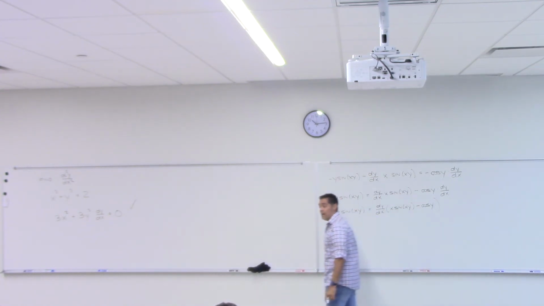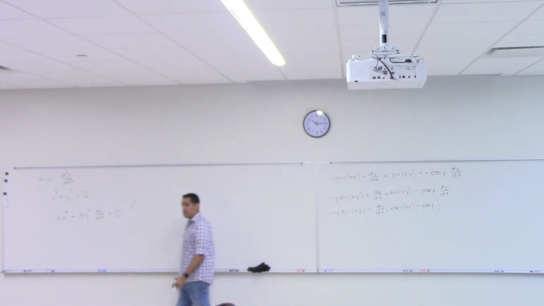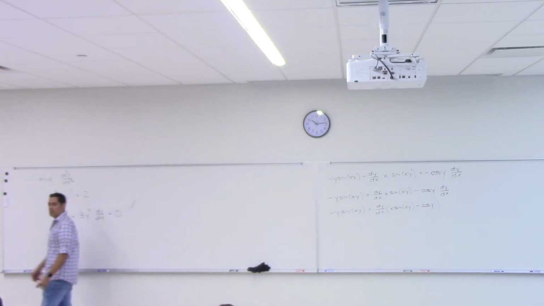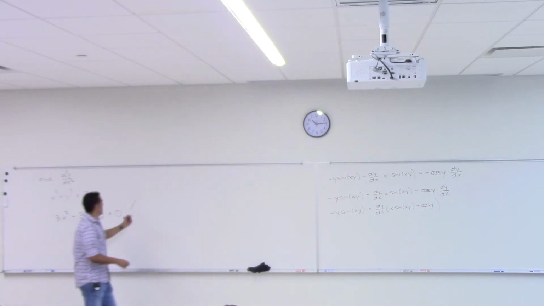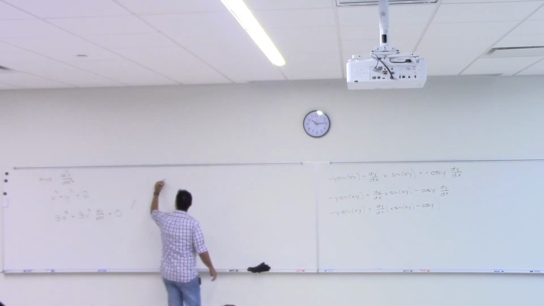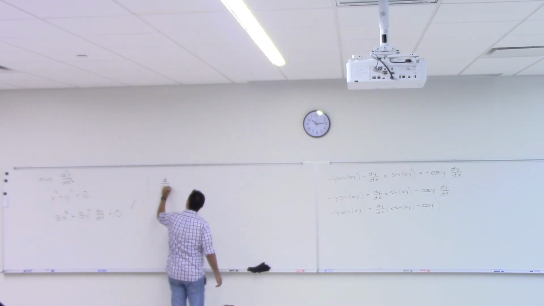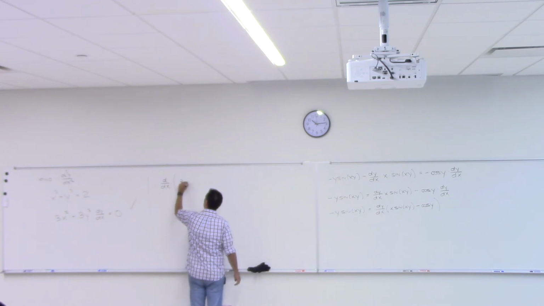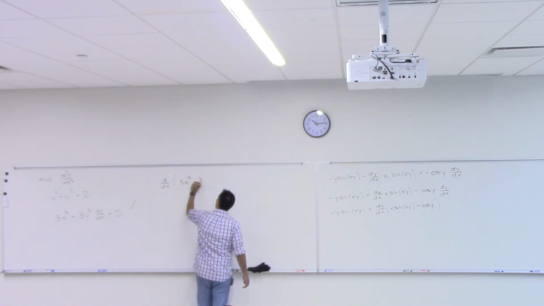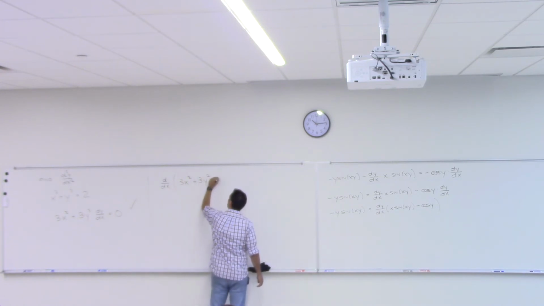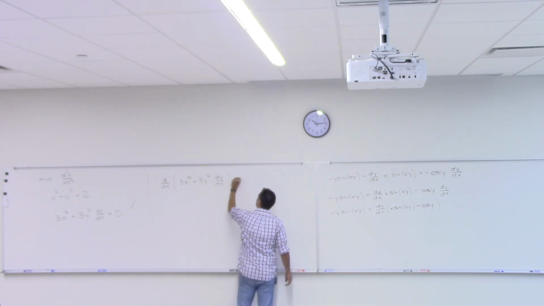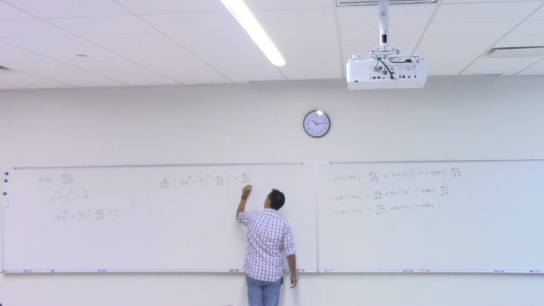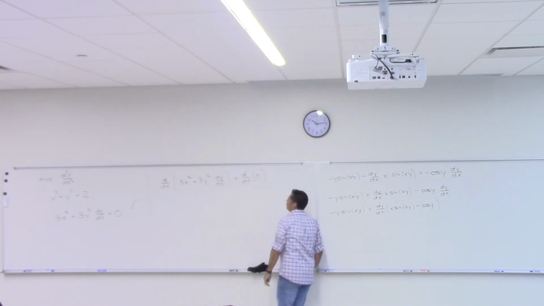Now I'm going to do it again: take the derivative with respect to x on both sides of this equation. It's going to be weird, but just do it. So the derivative with respect to x of the left side equals the derivative with respect to x of the right side.